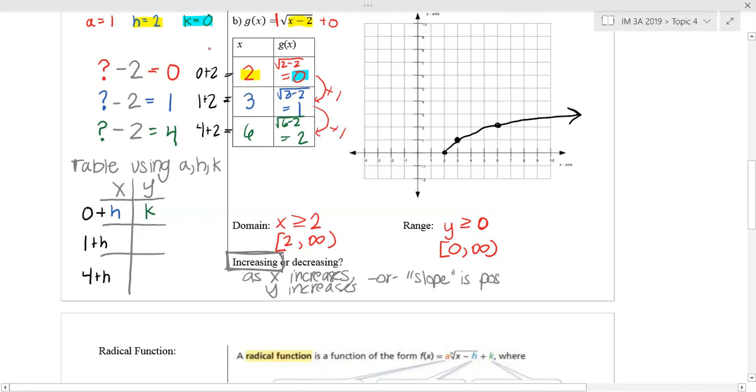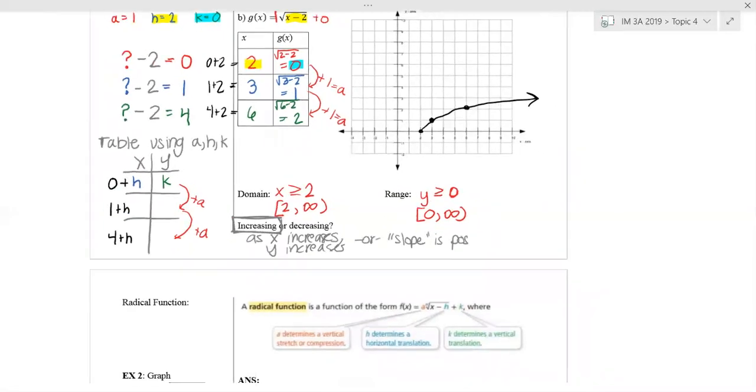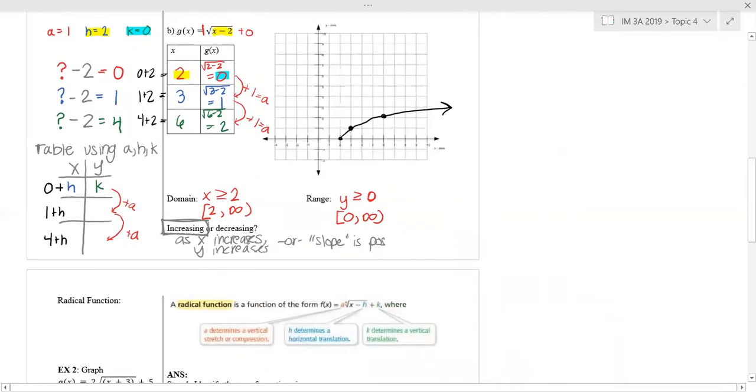And if I look at my values A, H, and K, I'm actually adding my A value each time to get the next Y. So that means I'm going to add A to get the next Y value from K. That doesn't mean that I have to use this pattern to create the table, but it is a nice connection to make things easier if I'm good at memorizing and identifying these patterns.